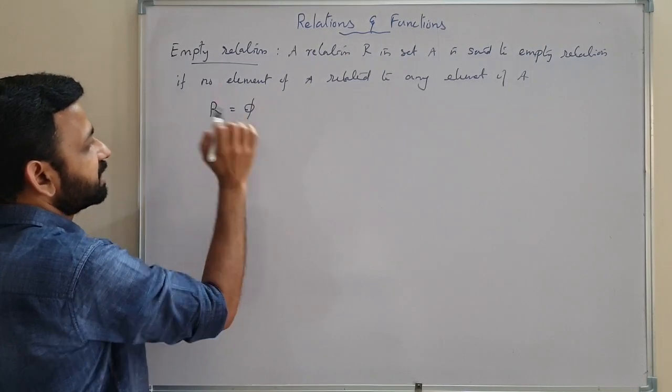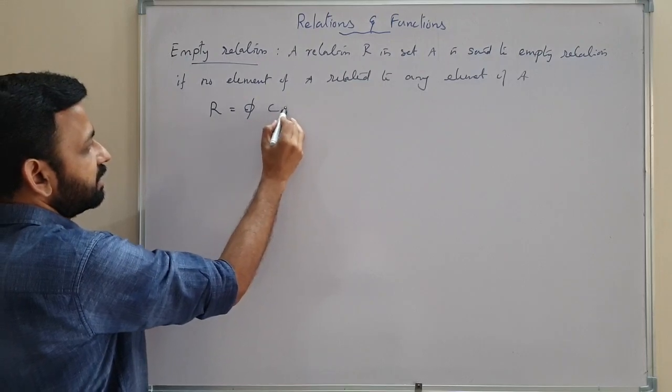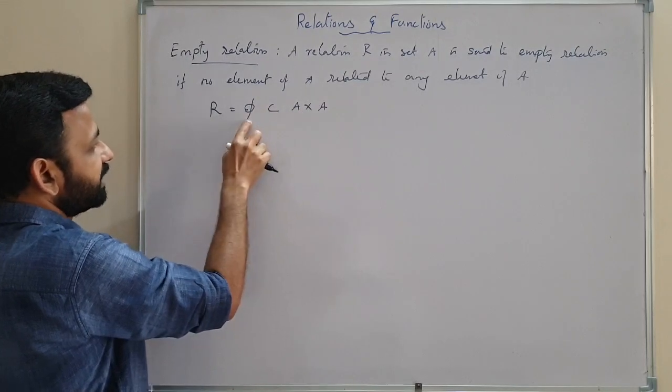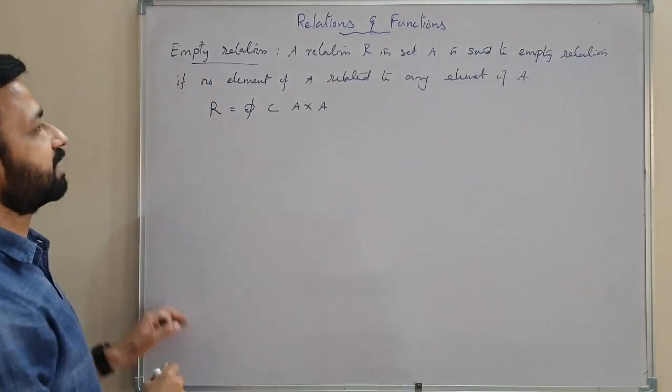So that is an empty set, and the empty set is a subset of A cross A. So that is a relation, and that relation is the empty relation.